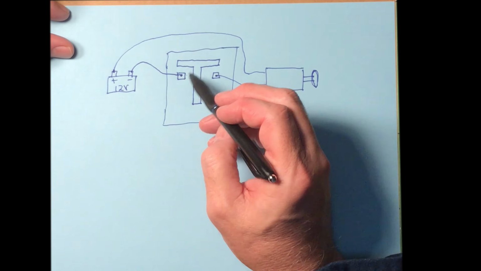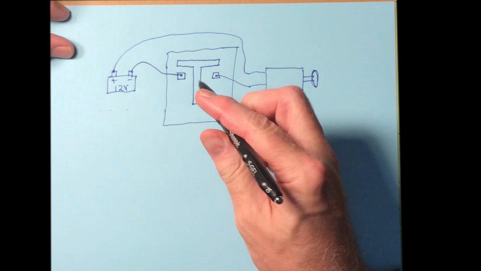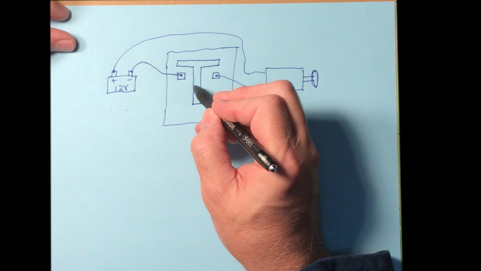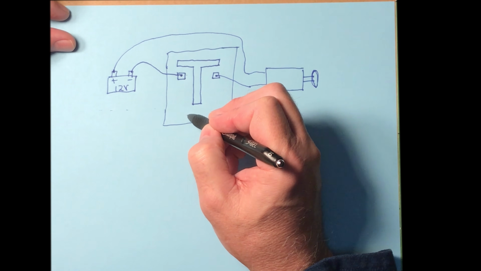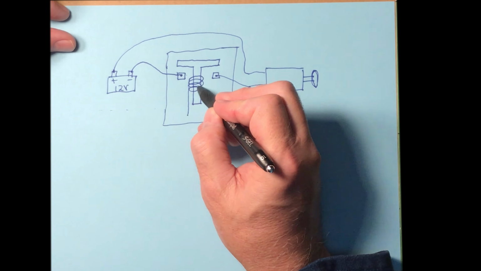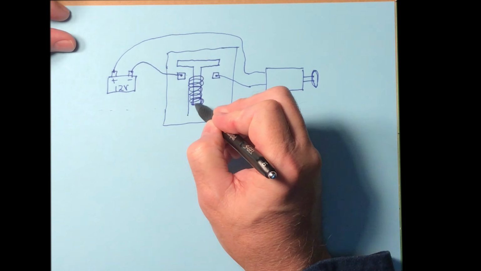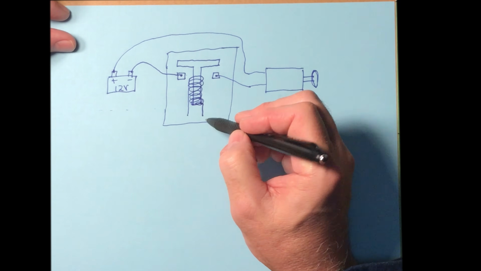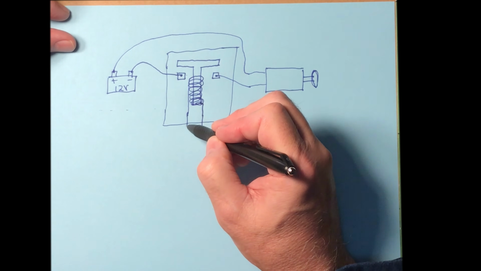All right, but the way that it's usually done is you have a solenoid down here. Let's say one wire of the solenoid comes up here, and then it's wrapped around that piece of metal there. And then the other end comes off here. Let's put this outside here.